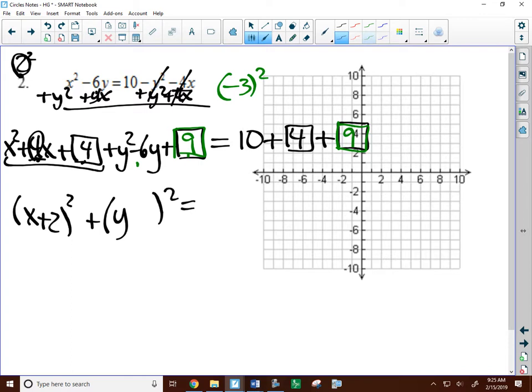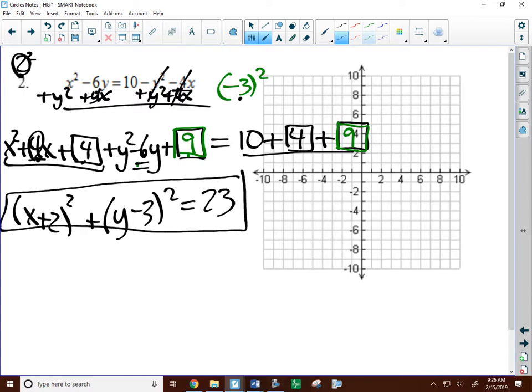The next one, half of the negative 6 was negative 3 before we squared it. Two numbers that multiply to get 9 and add to negative 6 are negative 3 and negative 3. On the right side, you just add the numbers, so 14 and 9 is 23.